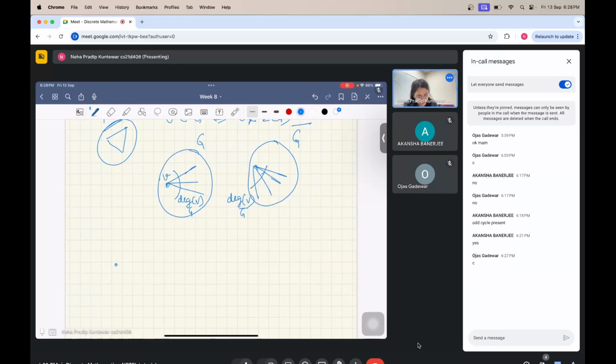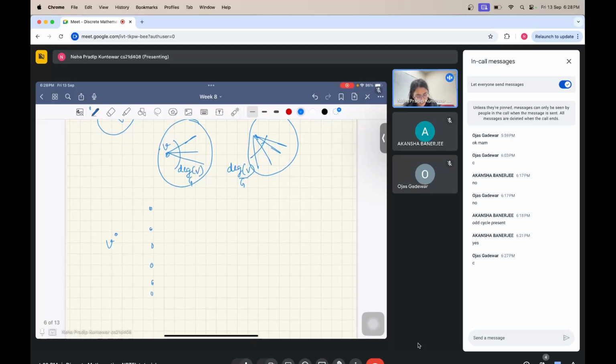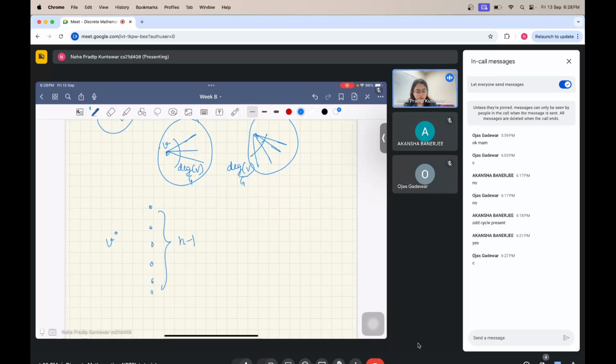So let's say V is one vertex, and then you have n minus 1 other vertices in the graph because it's an n vertex graph. So let's say V has edges with k of them.